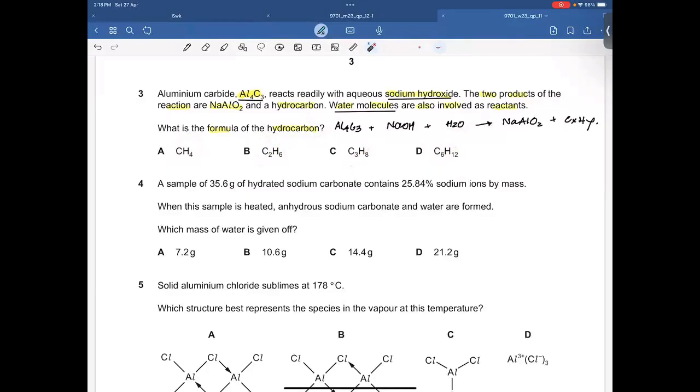Okay, we have 4 aluminum here, so we use 4. Sodium is going to be 4, carbon is going to be 3. How many hydrogen atoms? How many oxygen atoms here? 4 times 2, 8. So I'll put 4 here to get the total oxygen 4. So how many carbon now? C3. And how many hydrogen atoms now? 8. C3H8.